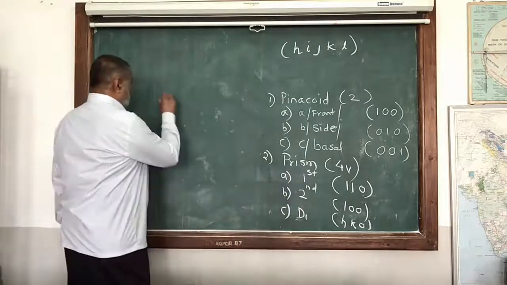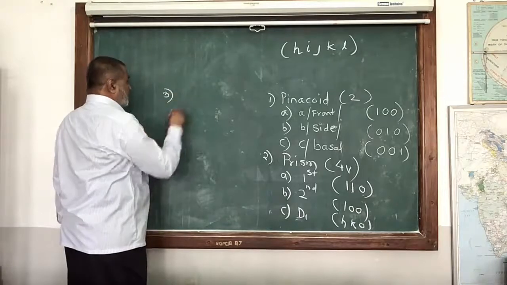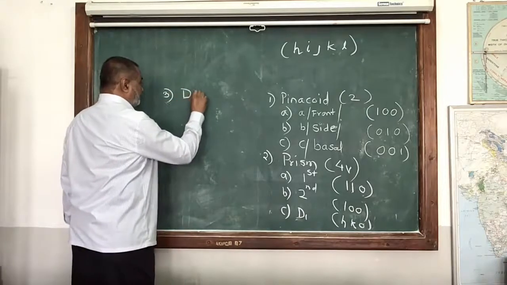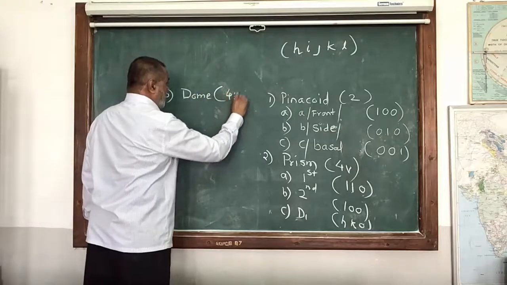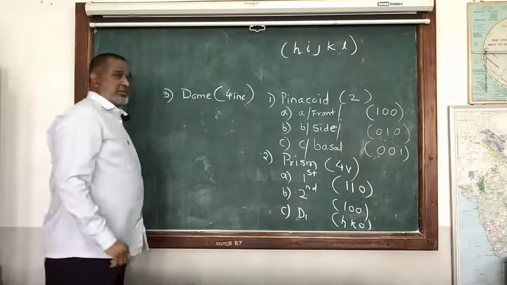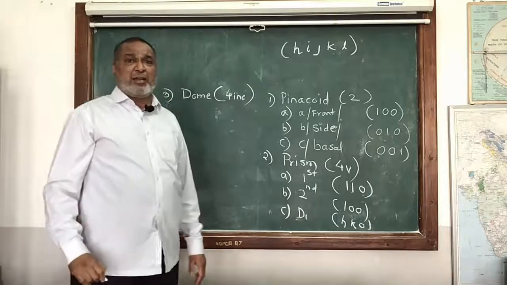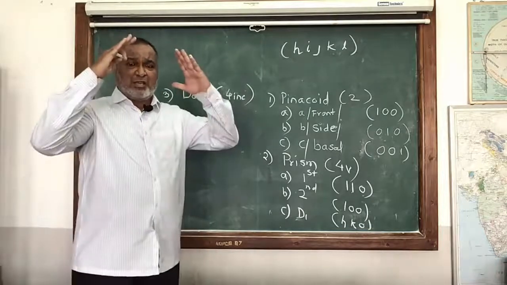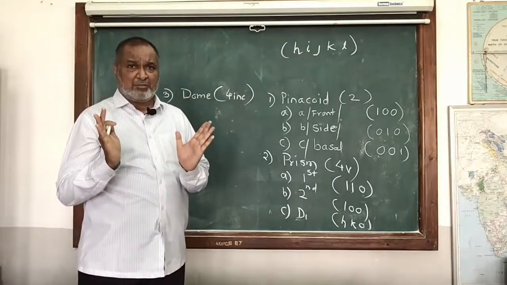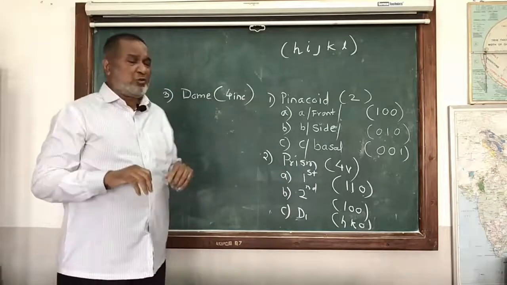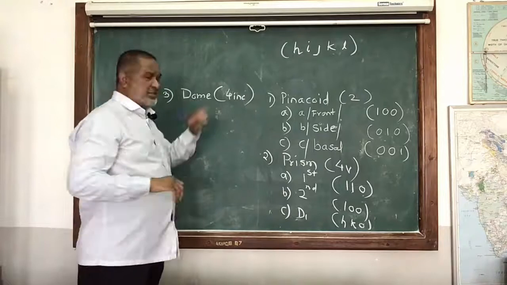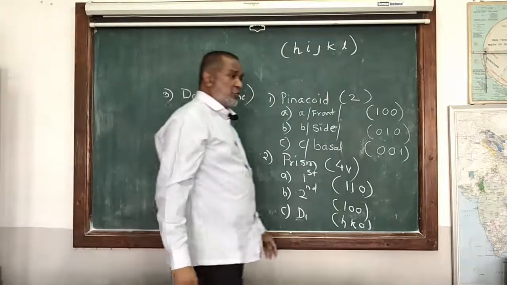Then the next, the third, is the dome. It consists of 4 inclined faces, 2 on the side and 2 on the bottom, or 2 on the front and 2 on the back. So a total of 4 faces will be there, and this is called a dome.